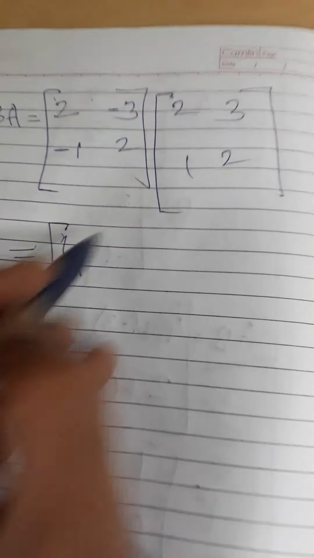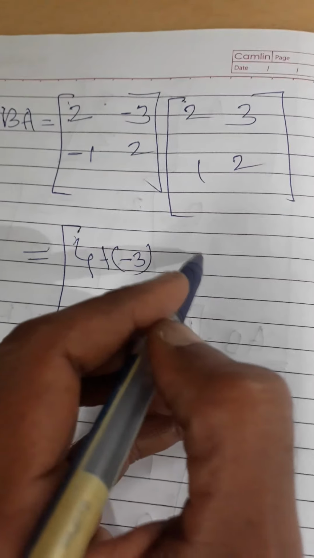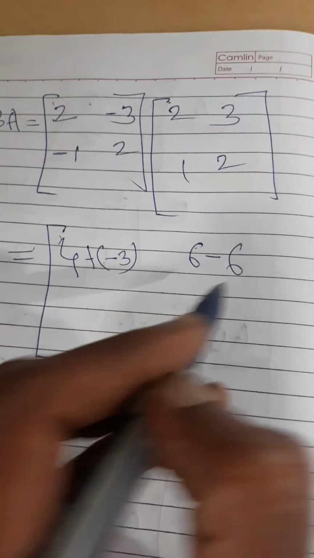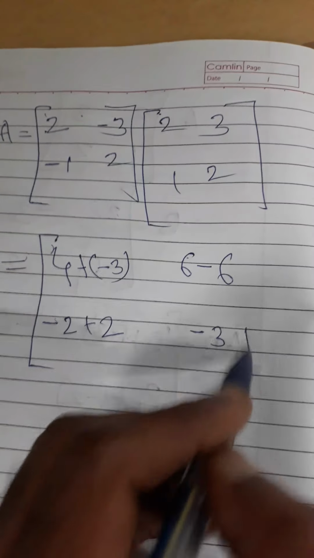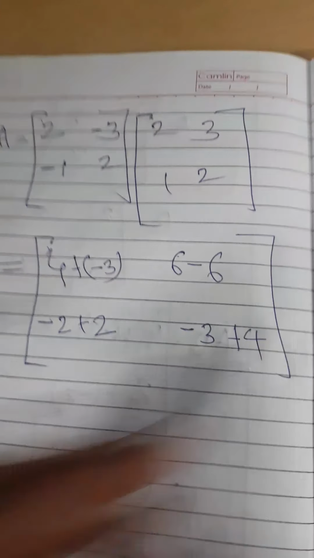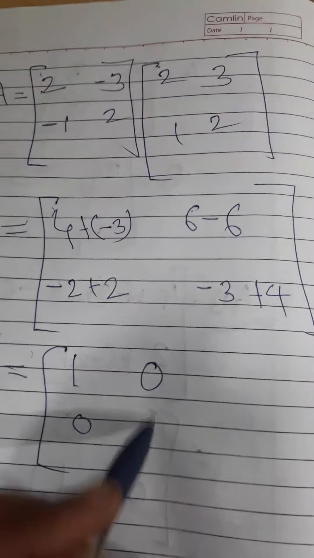Now this will be equal to 2 into 2 is 4 plus minus 3, which is 1. Then 2 into 3 is 6 minus 6, which is 0. Then minus 2 plus 2, which is 0. Then minus 3 plus 4, which is 1. So what you get is equal to [1, 0; 0, 1].